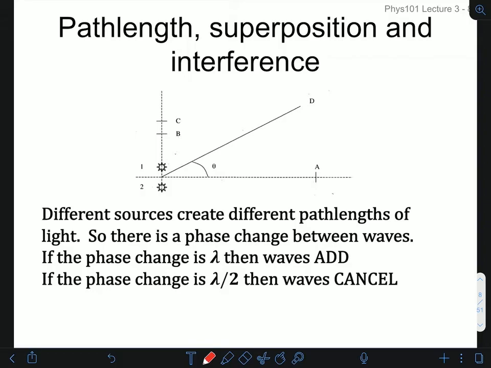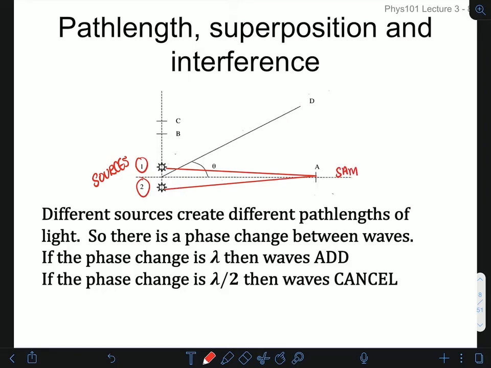When we're talking about interference of light, we're going to look at situations where the path length, or the difference in path between two sources of light, is important. Looking here, suppose I have source 1 and source 2. If I'm at point A, the light coming out from 1 and the light coming out from 2 have the same path length.